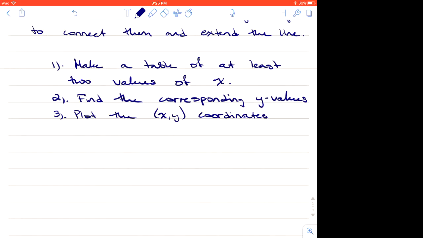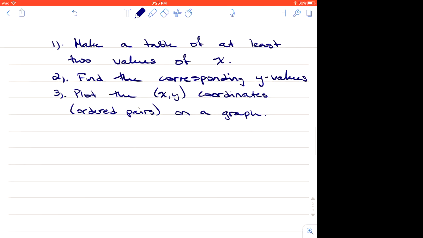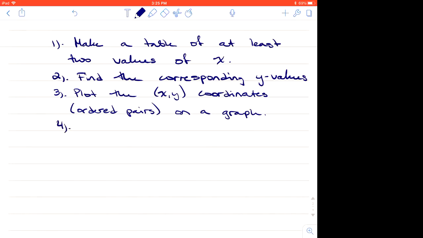Plot the xy coordinates, also known as ordered pairs, on a graph. And then, once we have plotted our points, that's when we connect the points and extend the line.